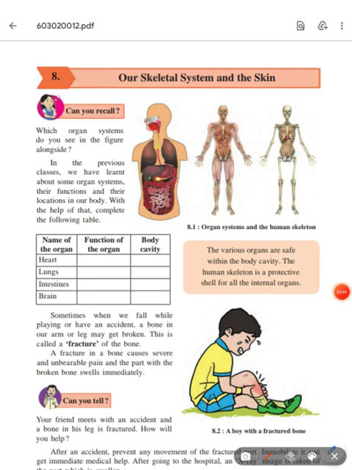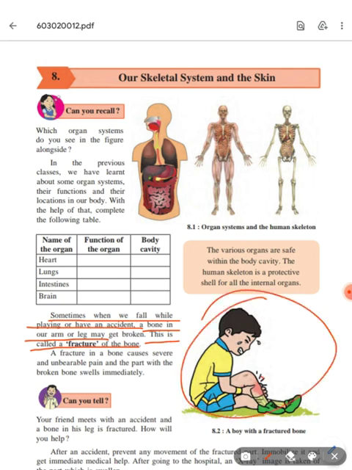Sometimes we fall while playing or have an accident, and the bone of our arm or leg may get broken. This is called a fracture of the bone. This boy gets a fracture when he is playing.